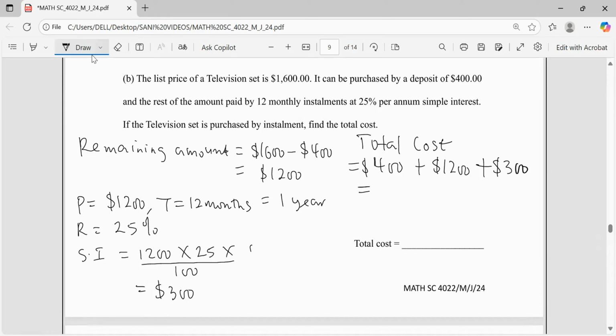So this gives us $1,900. So the total cost is $1,900.